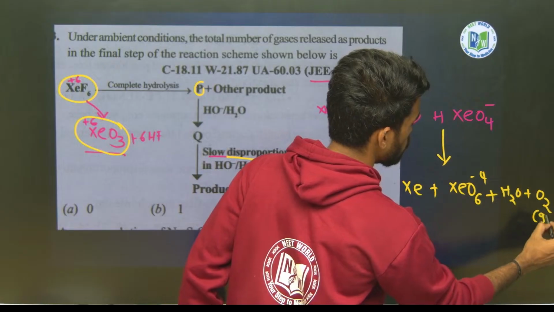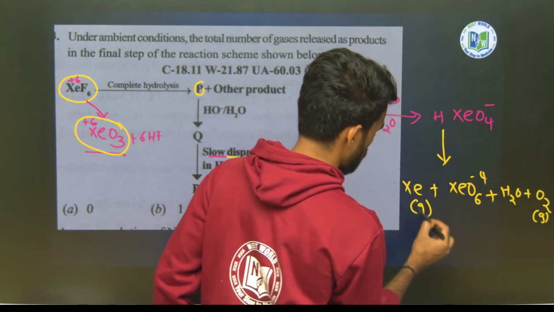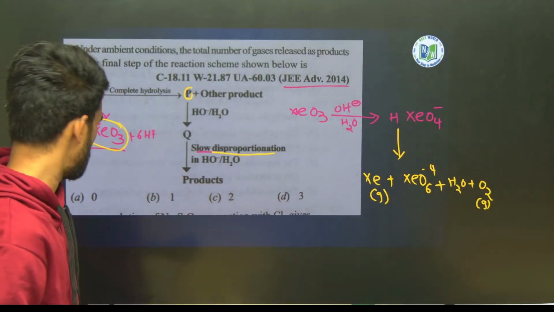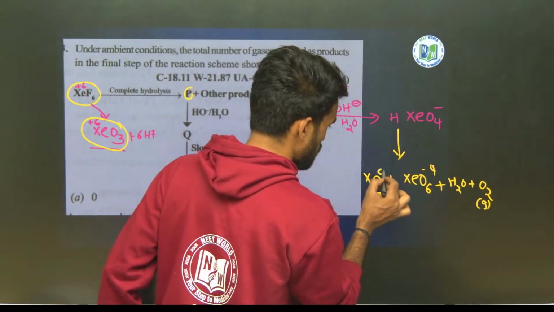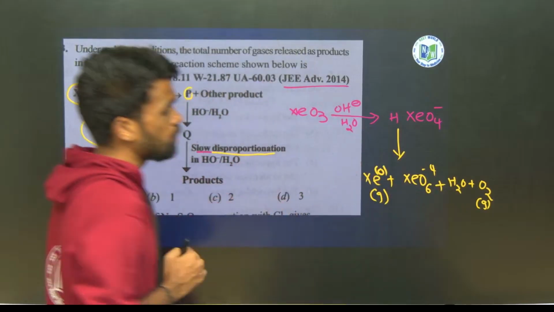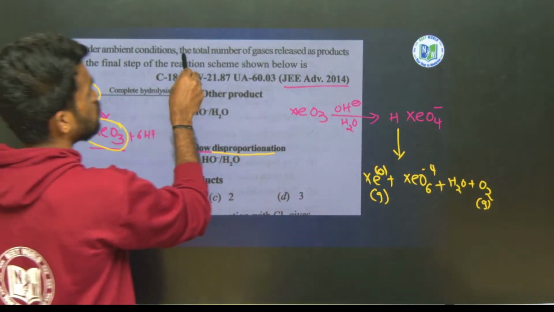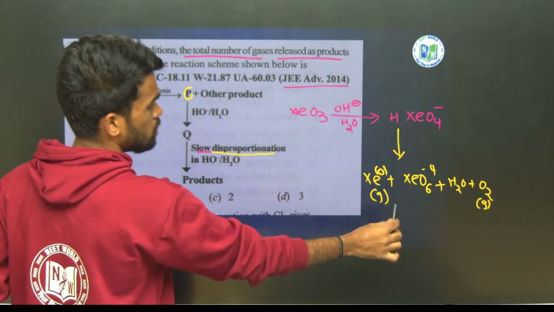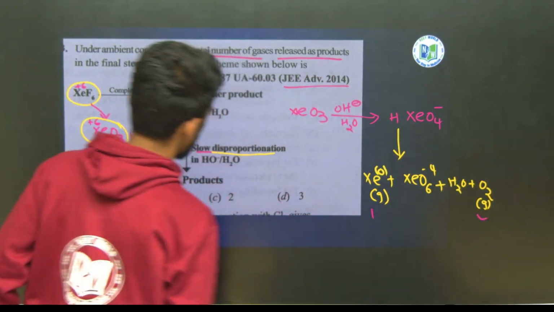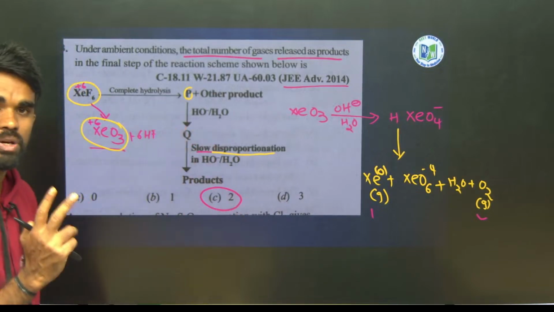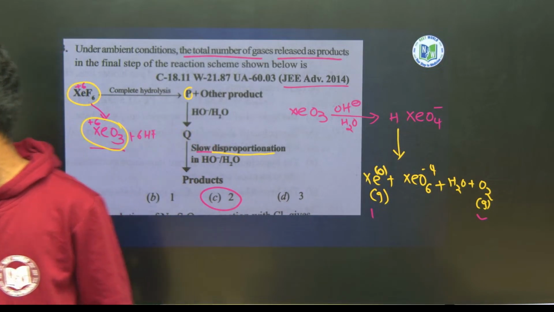We know O2 is a gas, and xenon which is formed is in the Xe0 oxidation state, an element itself. So these are the 2 gases produced here. What they are asking is the total number of gases released. So this is one and the other one is O2. What are the products in the gaseous state? Only 2. So option 2 will be the suitable answer for the question. Okay, right.